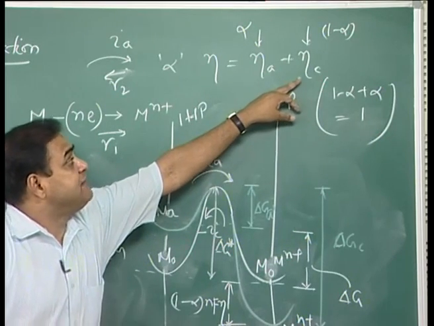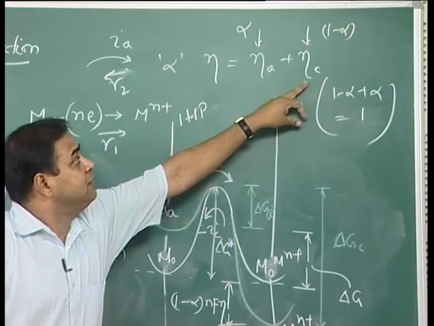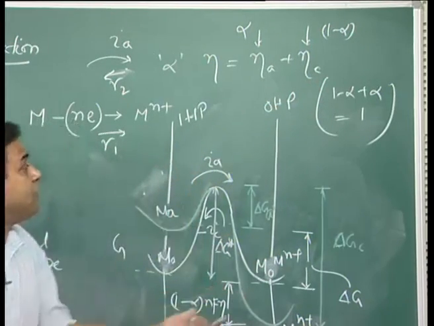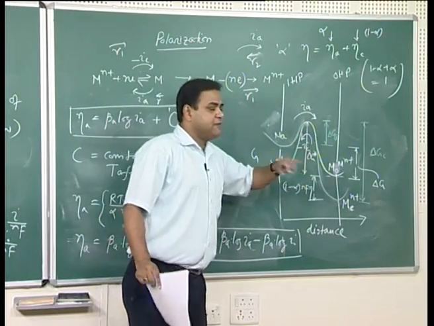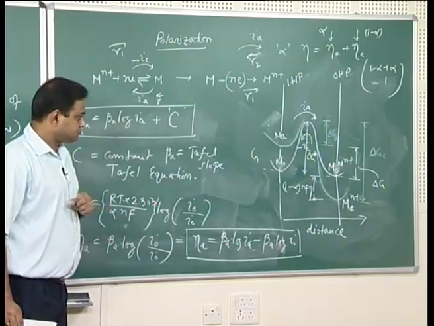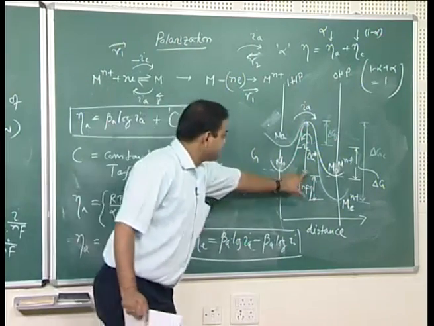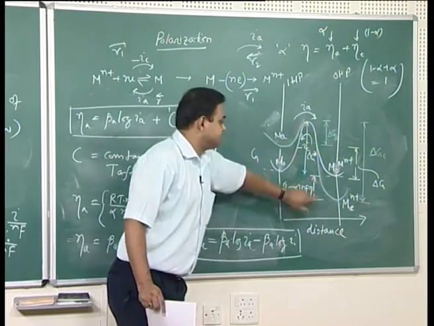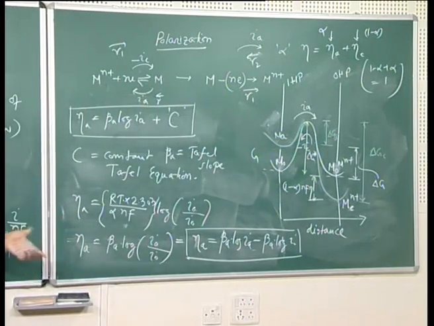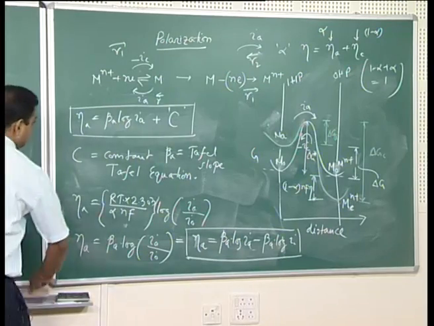So the eta C, with respect to the overall or total polarization, would be 1 minus alpha n F eta. In that case I just replace del G star with del G star plus this, and if I do the same process I will get a relation.